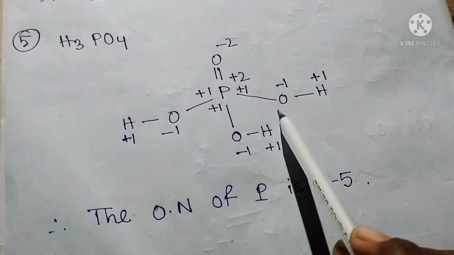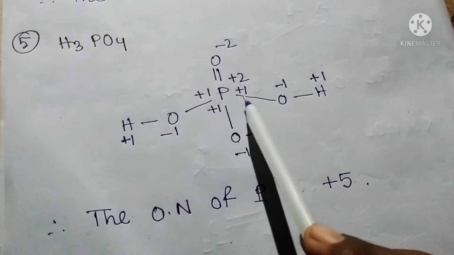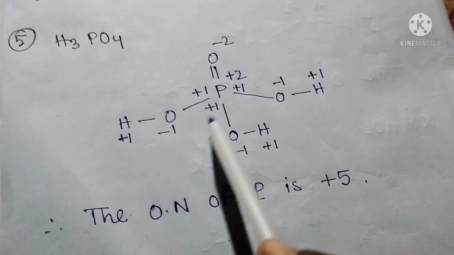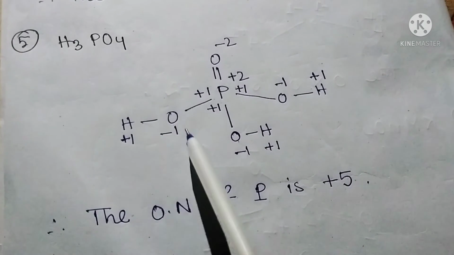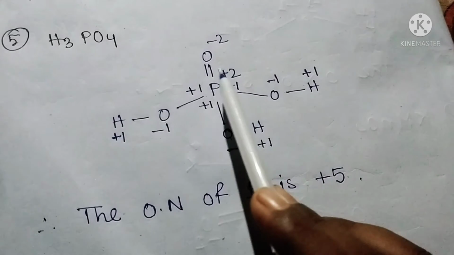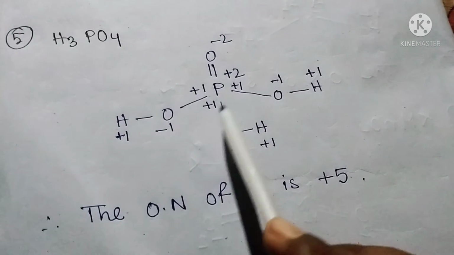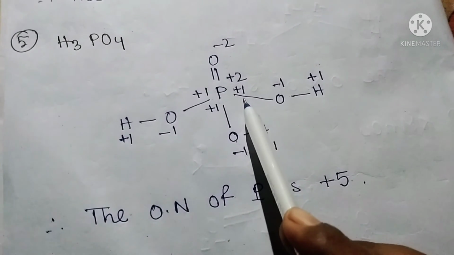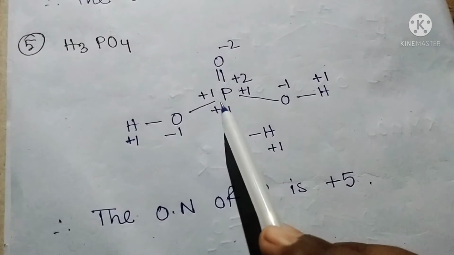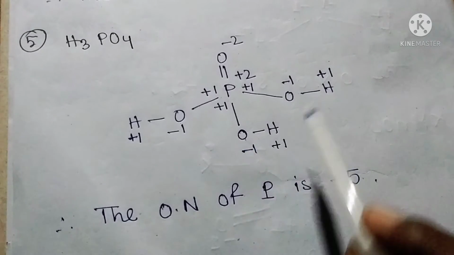For each of the three oxygens we get negative 1, positive 1. So total number of charges plus 2, plus 1, plus 1, plus 1, plus 5. So the oxidation number of phosphorus is plus 5 in H3PO4.